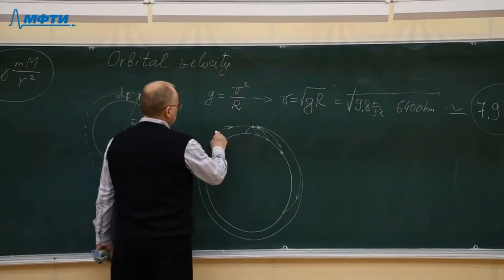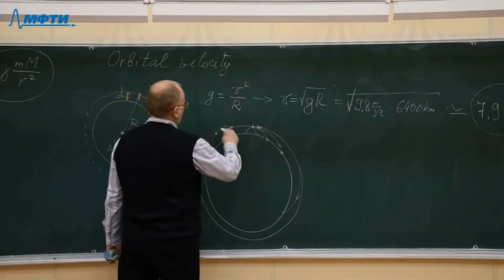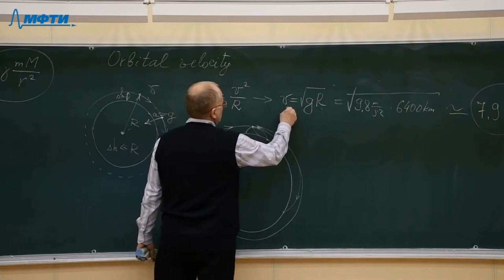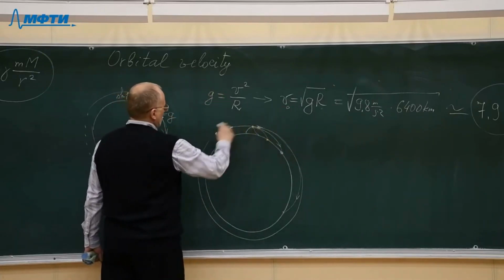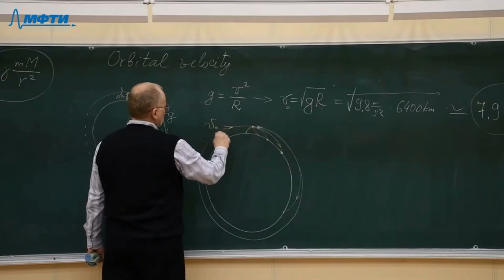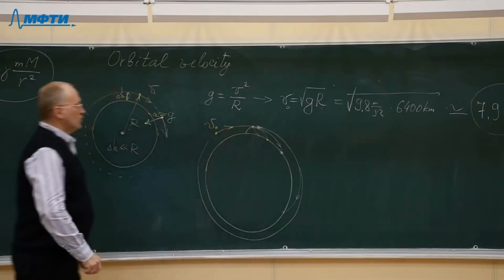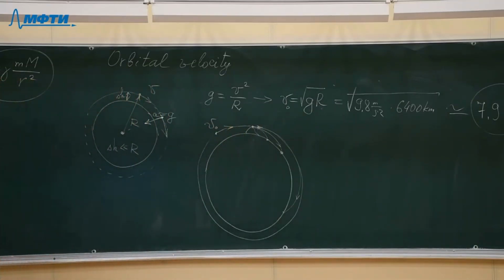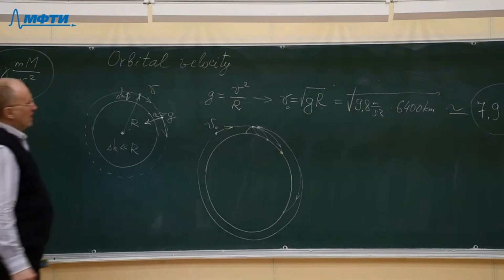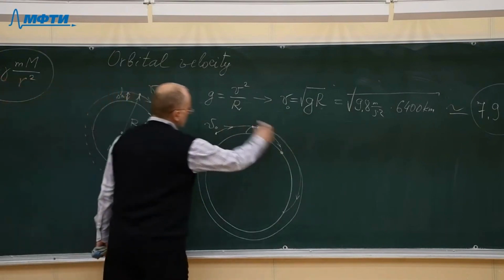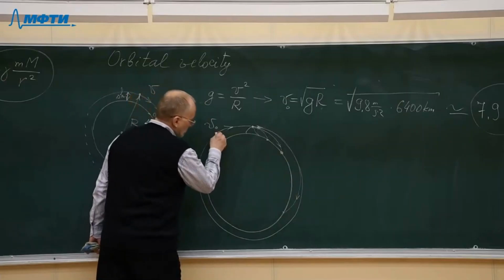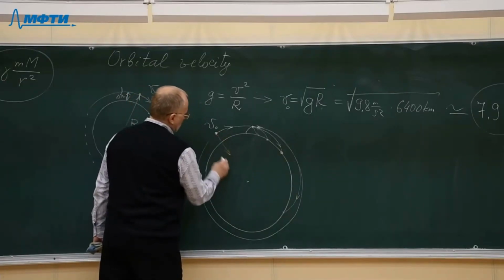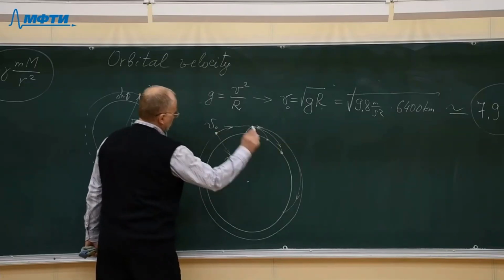And this velocity is an orbital velocity. Let's give it the subscript O. So this is the orbital velocity, almost 8 kilometers per second. And in such circular motion, any object will have a centripetal acceleration, which is practically equal to free fall acceleration.